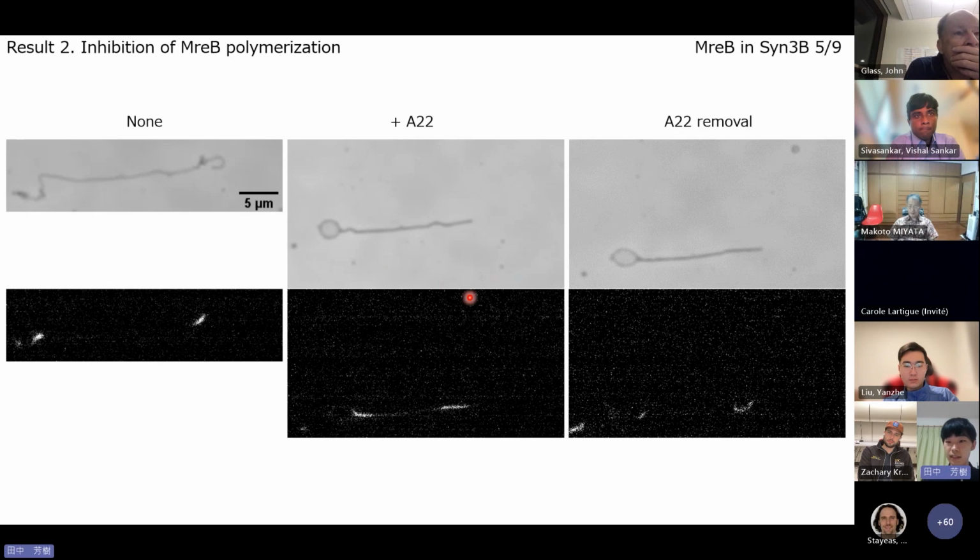The helicity and motility have disappeared, and the fluorescence remained where the motility had existed.